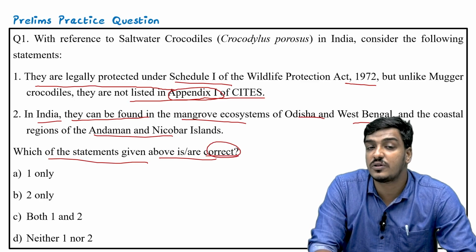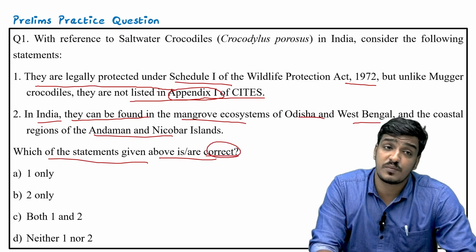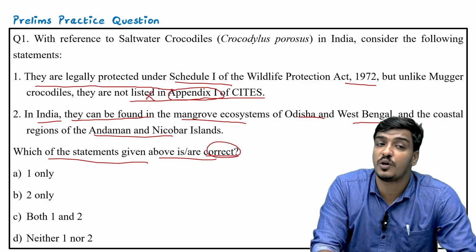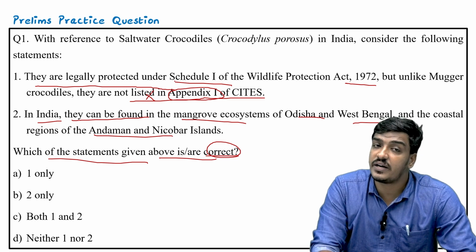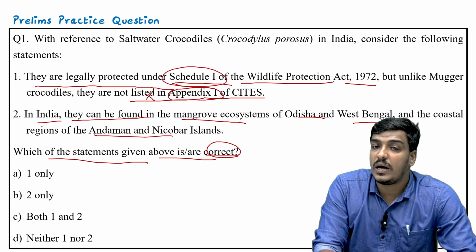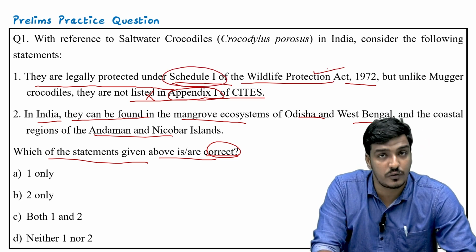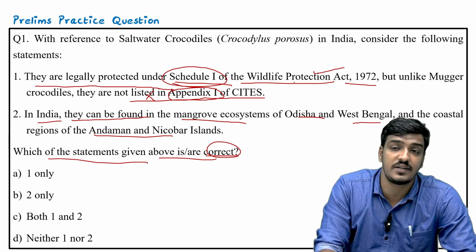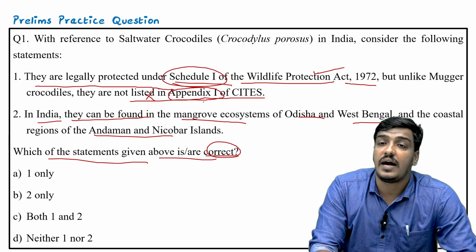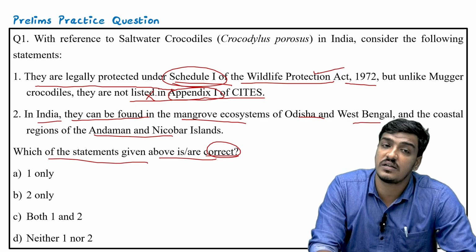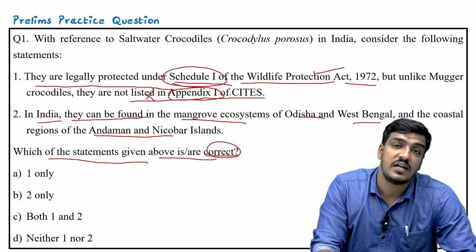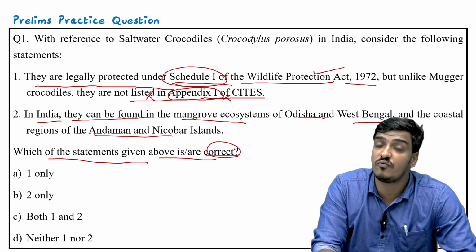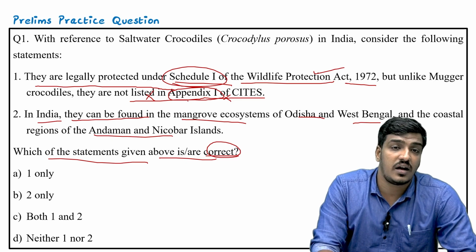Here they ask about the correct statement. The first statement is incorrect. That they are legally protected under Schedule 1 of the Wildlife Protection Act of 1972 is correct, so the first part is correct, but the second part is incorrect, because unlike the mugger crocodile, they are not listed in Appendix 1 of CITES. It is incorrect because it is listed as Appendix 1.